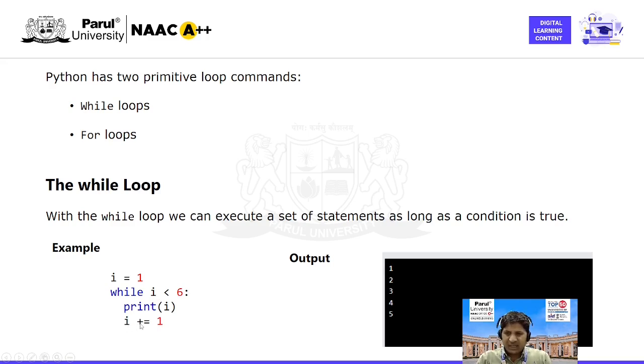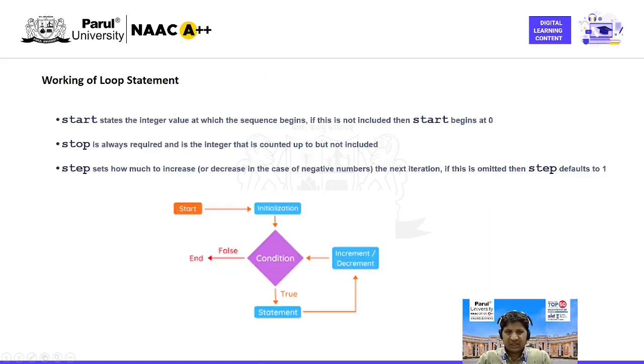Next value, i += 1. It means 5 plus 1, that is 6. Is 6 less than 6? Remember the less than operator, which I demonstrated once. 6 is not less than 6, 6 is equal to 6. So the given condition is false. And what is the action taken when the given condition is false? Once the given condition is false, the loop is terminated.